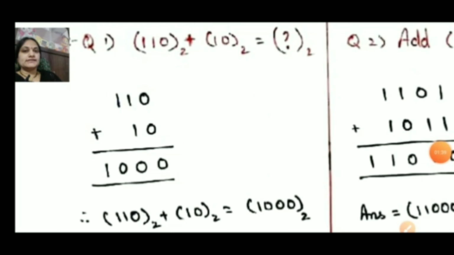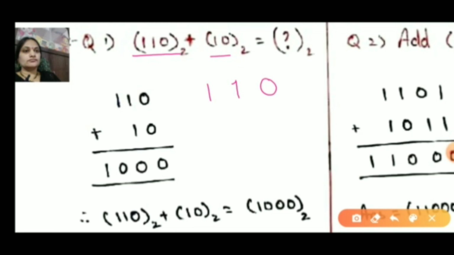Here is one problem for the binary addition. Here 110 is added with the 10. Okay. Now write these values like this: 1 1 0. Again this number as 1 0.